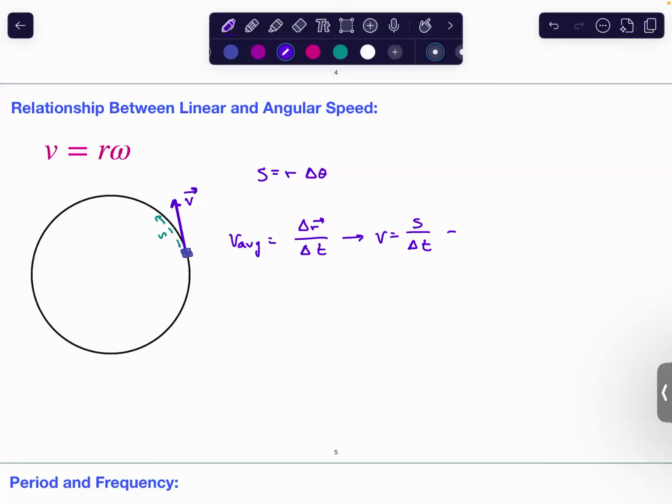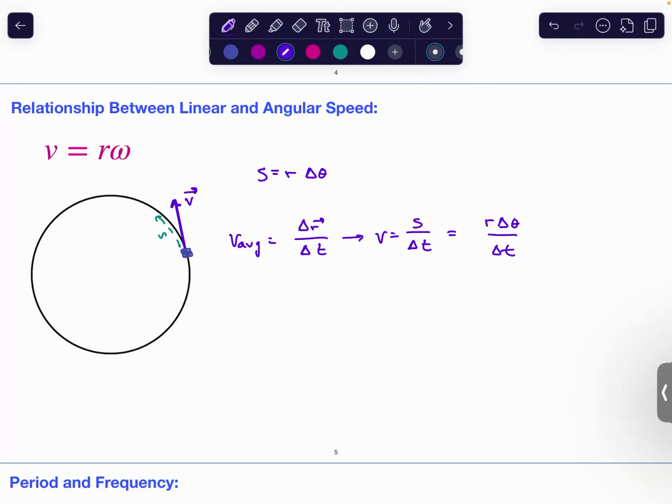So what we did here is now we're going to have r delta theta over delta t. If we separate this, do you see a definition in there that you can pull out? Delta theta of what?